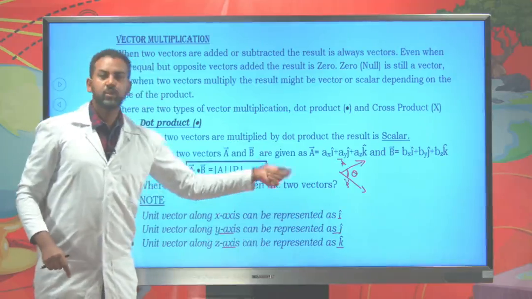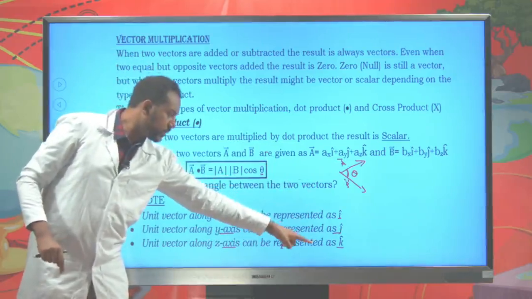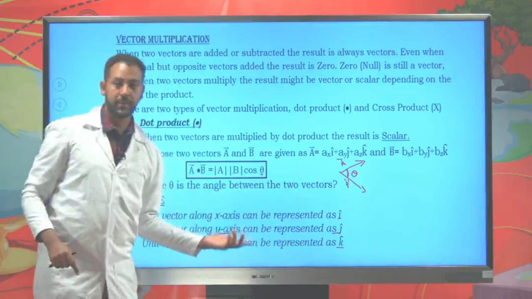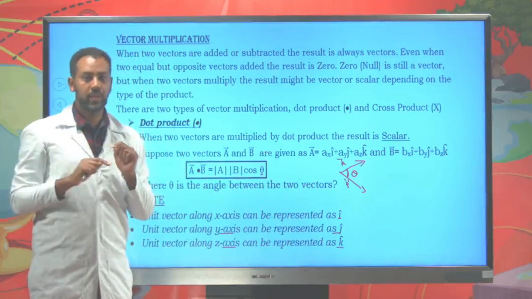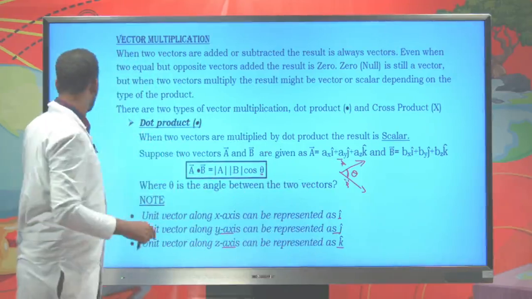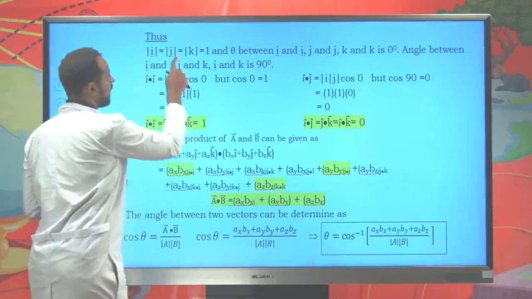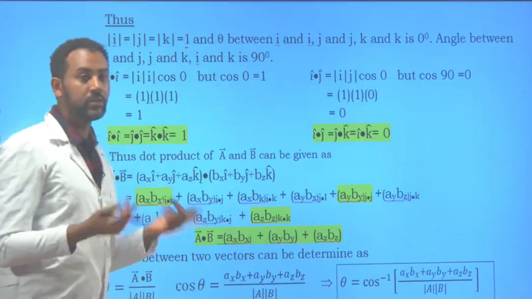Let's try to find the dot product of these three vectors: i dotted with j, i dotted with k, j dotted with k, or i with i, j with j, k with k. Here we have i, j, and k. All of their magnitudes are unity, since they are unit vectors.